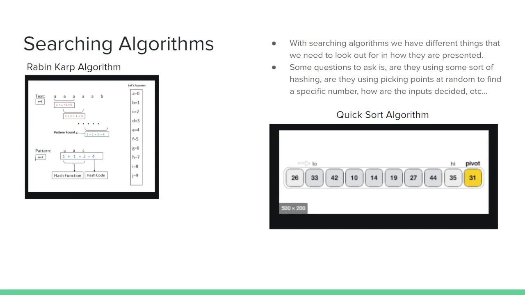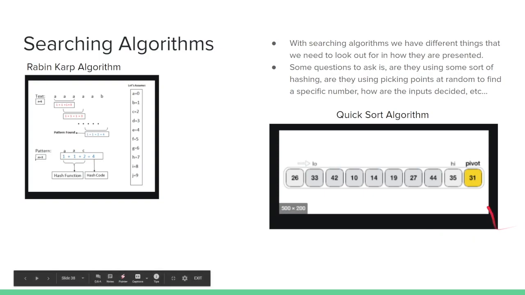But for quicksort, when you're given quicksort itself, you're using the random function for testing different cases. Let's say you generate random numbers, put them into an array, and sort the array. You're already doing a random algorithm because you're using the rand function itself. There is a predetermined algorithm to use it, but to make it more random, you can actually select different points for the pivot. So instead of using 31 for the pivot, you can use 14, you can use 44.